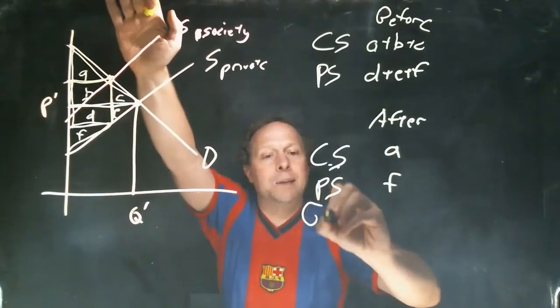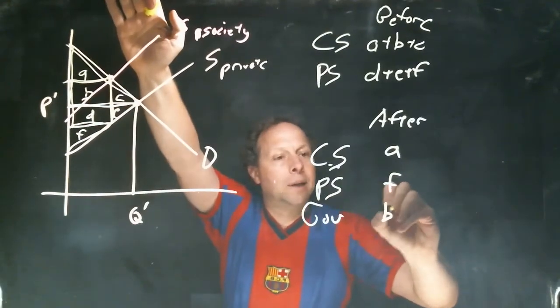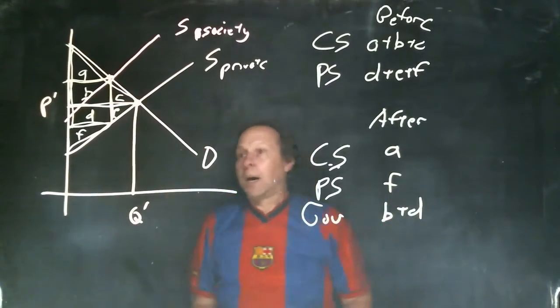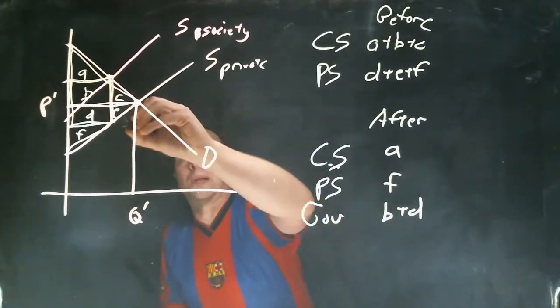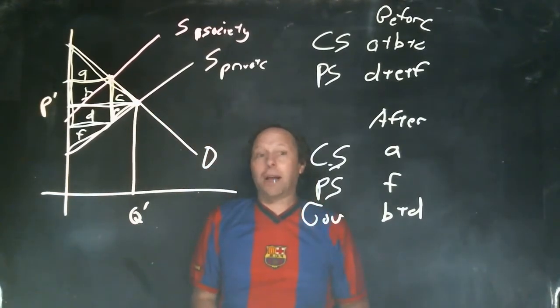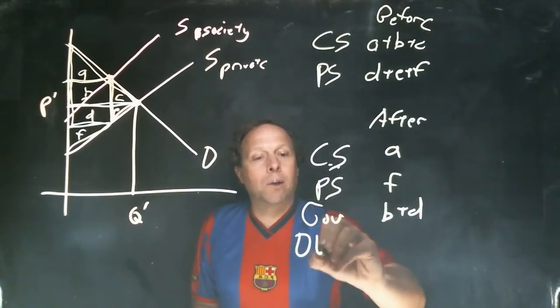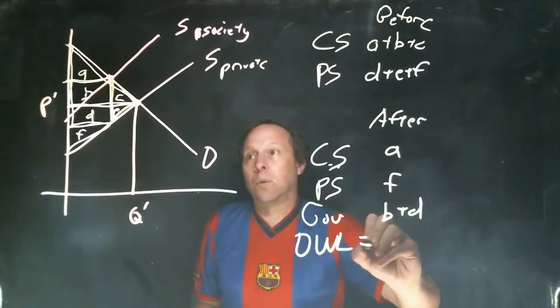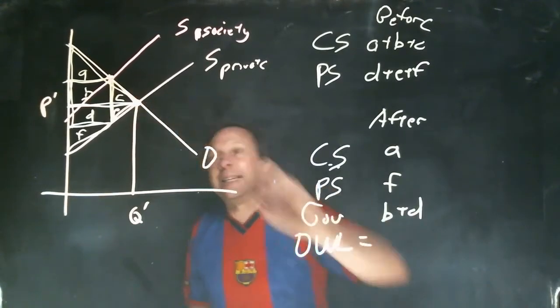So this is government, and this is B plus D. In this case, normally, if we didn't have an externality here, we would have deadweight loss equal to this area C plus E.